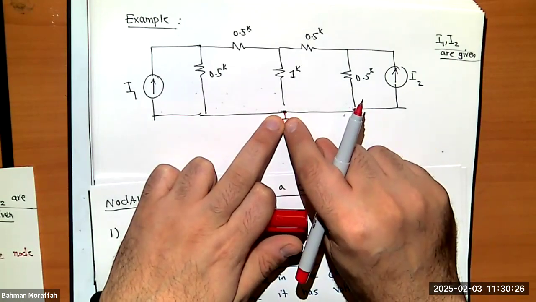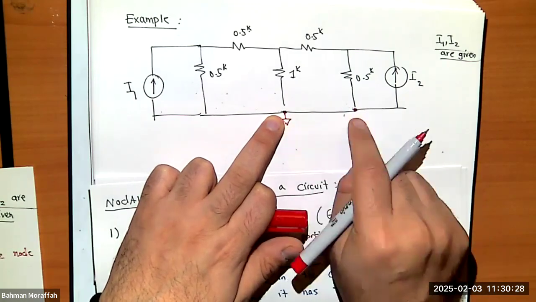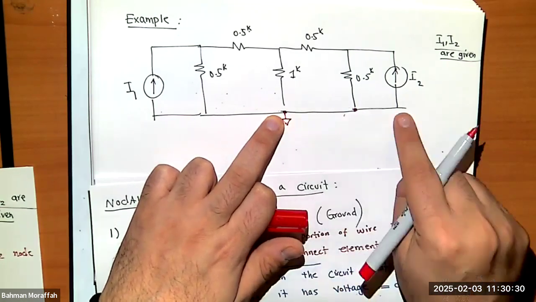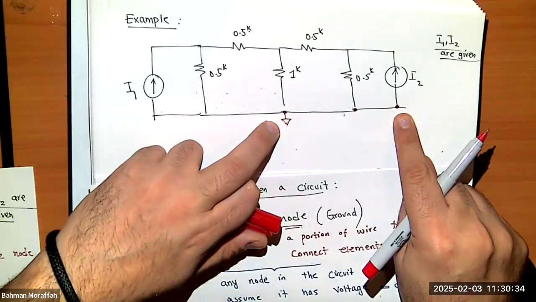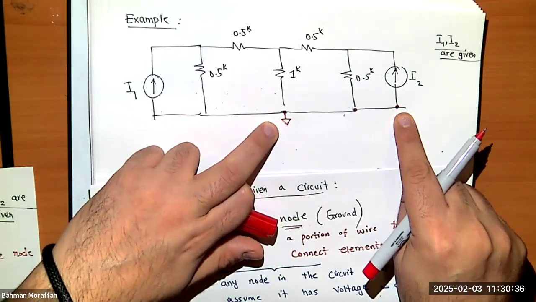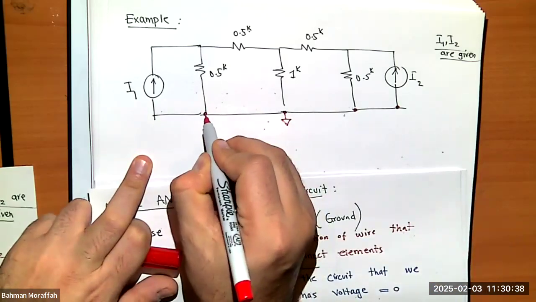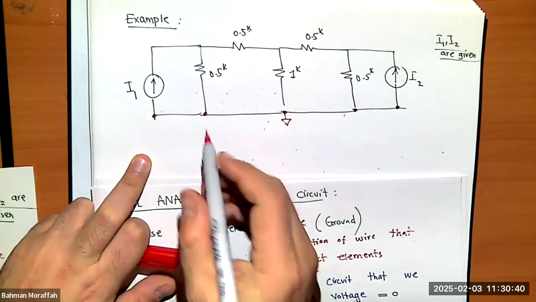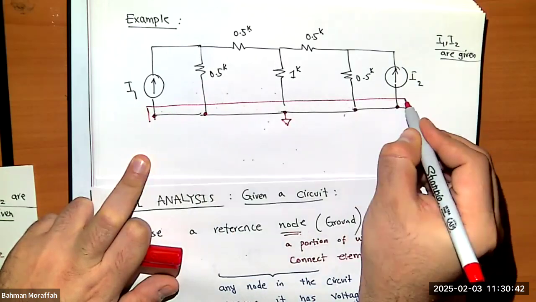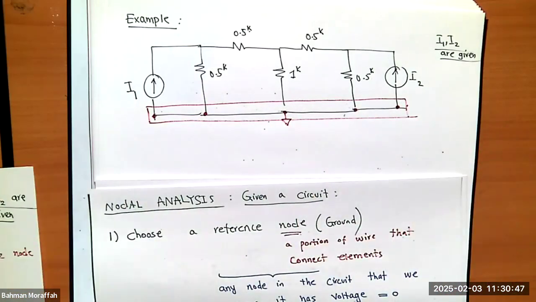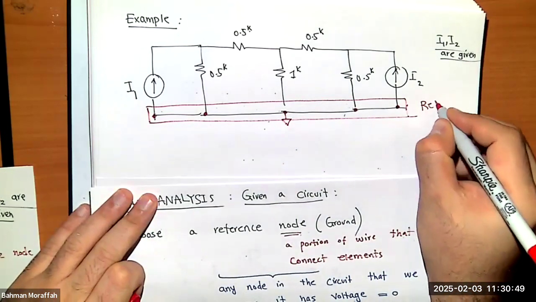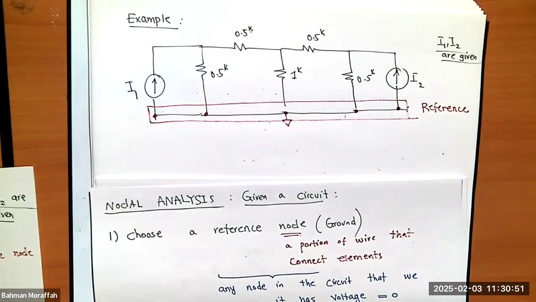No, this is exactly this node. Why? Because there's no potential difference there. How about this one? Is this one any different than this guy? Absolutely not. Again, there's a wire there. With the same logic, this is no different and this is no different. So the whole thing down here is exactly the same node, and it's my reference node. So this is a reference.